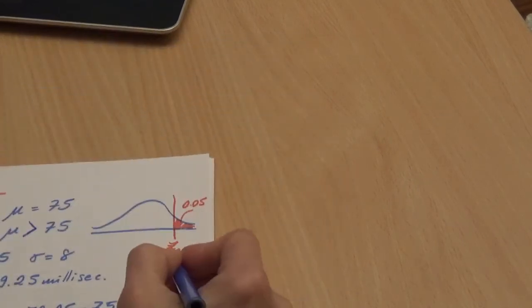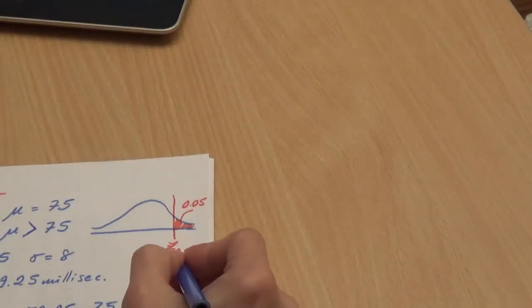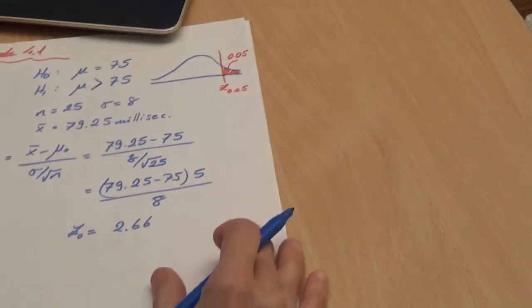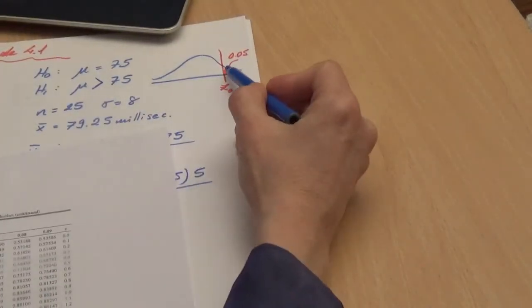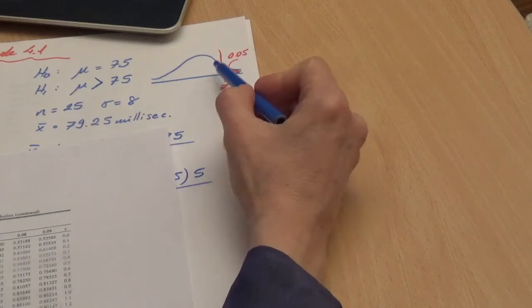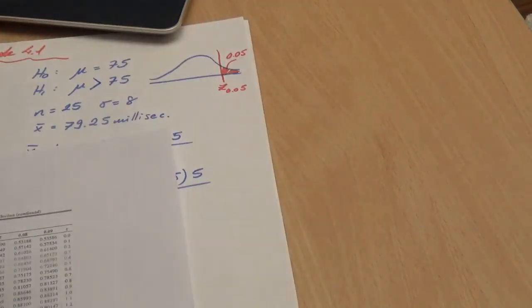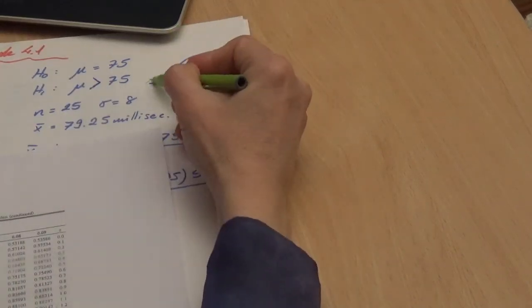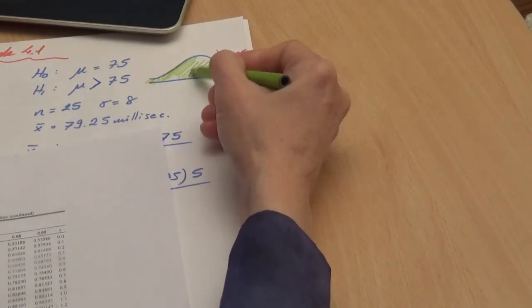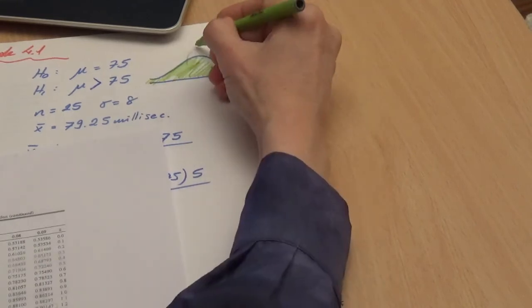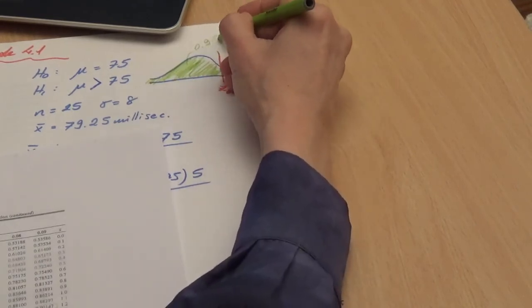And we need to find the z value for 0.05. We need to look at our table. 0.05 is on the right, so let's shade the other part. We want to look at the table for the green area, which will be 0.95.